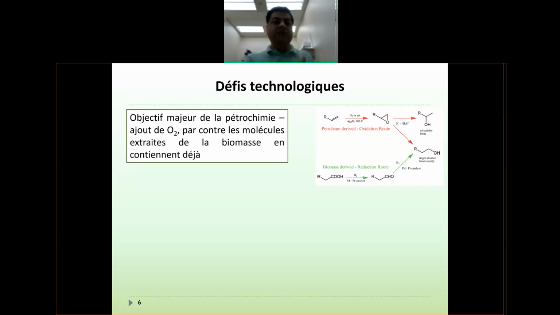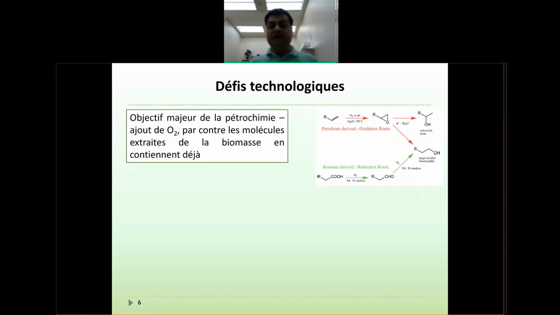So the advantage is, for example, if your final product should have oxygen in the structure, you already have an oxygenated molecule. But due to the different structure of biomass, for example, cellulose compounds, I mean glucose, hemicellulose compounds, lignin compounds, you have a more specific structure, and therefore transforming that molecule to the final product requires a different pathway, as shown in this diagram.